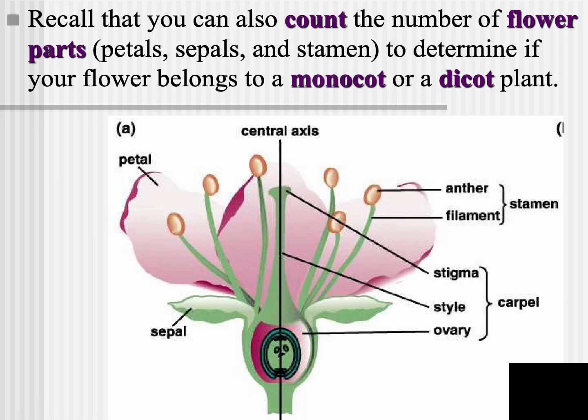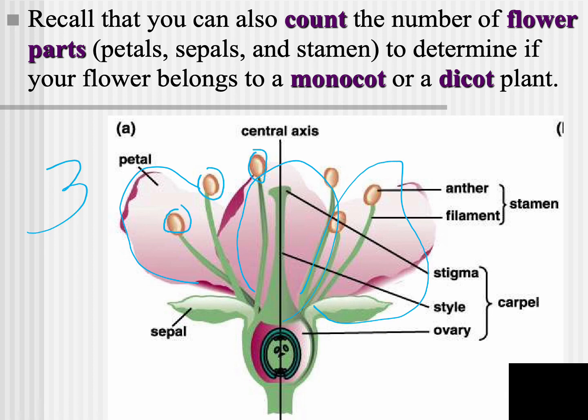So again, just remembering, we can look at different parts of the flower to determine whether we are talking about a monocot or a dicot. This is just showing 1, 2, 3 petals. That would give us the idea of this has 3 petals. It has 1, 2, 3, 4, 5, 6 stamens, male flower parts.